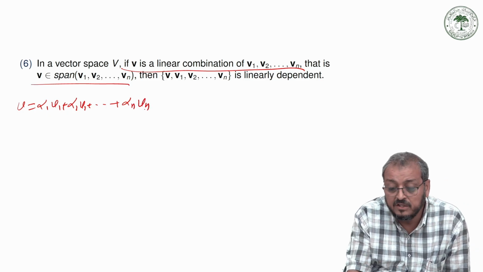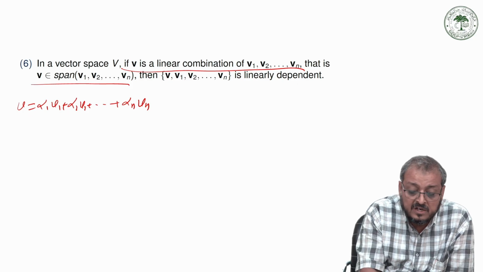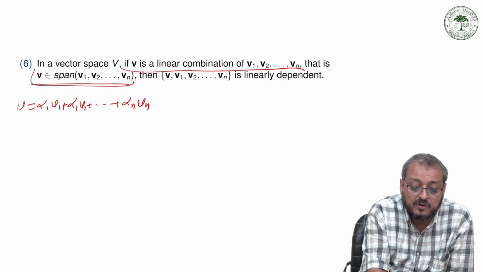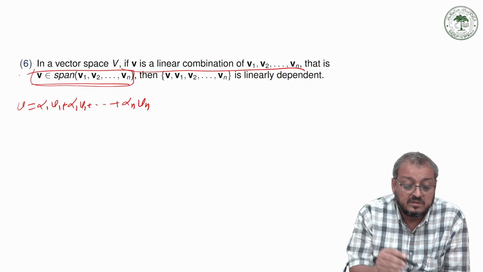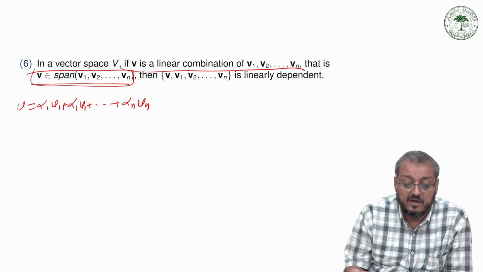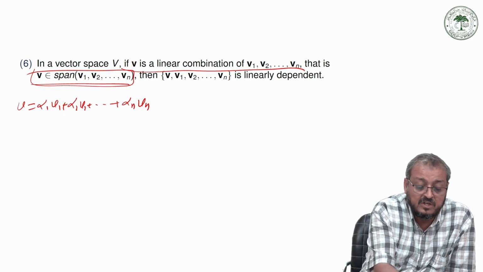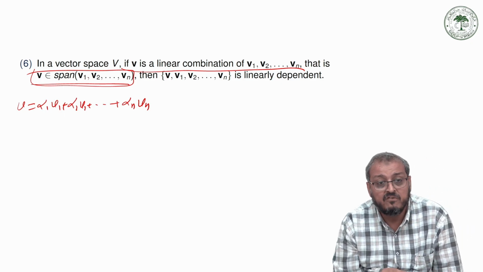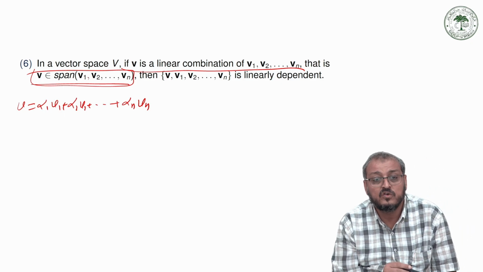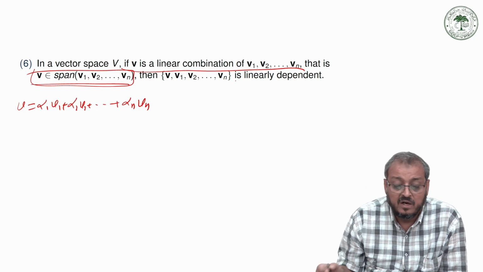So v is in the span of these vectors. Then I say that v, v1, v2, up to vn are linearly dependent. So if a vector v belongs to the span of v1, v2, up to vn, then v, v1, v2, up to vn is linearly dependent.